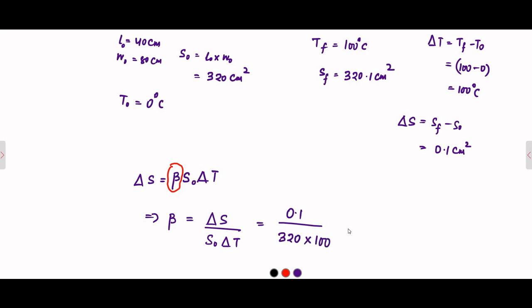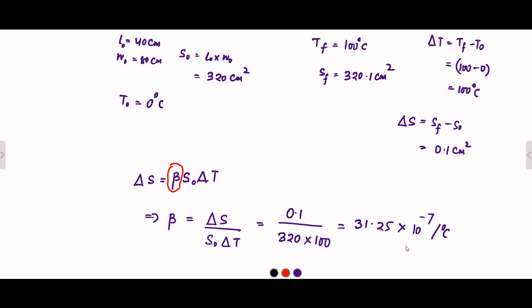So the surface expansion coefficient beta is coming around 31.25 into 10 to the power minus 7 per degree Celsius.